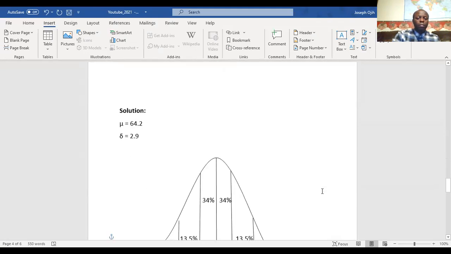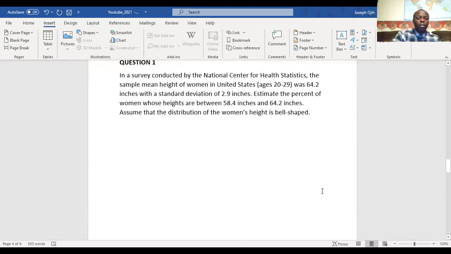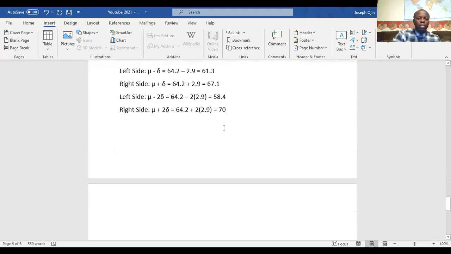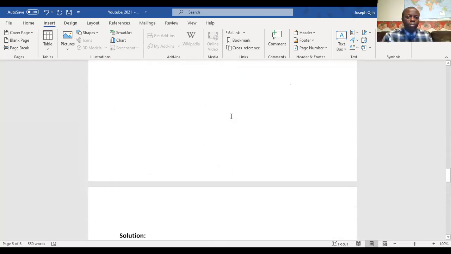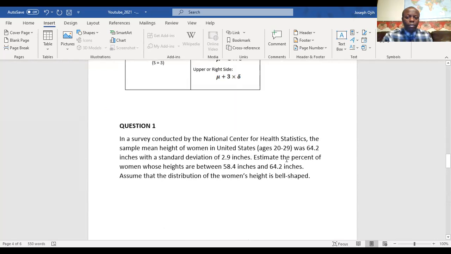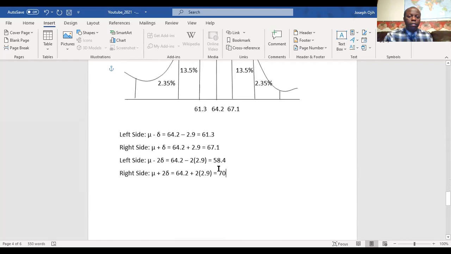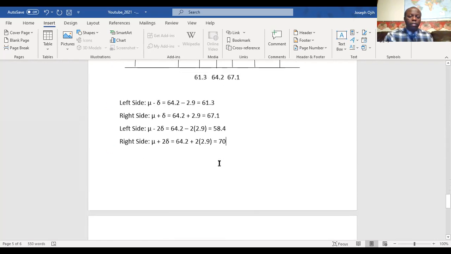What am I missing here? Let me see, 64.2 plus 2 times 2.9 is 70. Okay. I'll make sure I have the mean and standard deviation correctly. Yep, 64.2 plus 2 times 2.9. Right, 70.